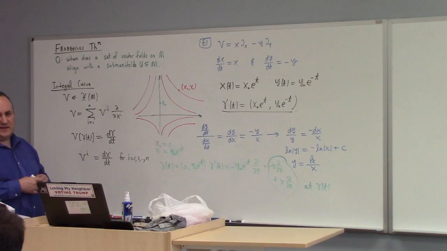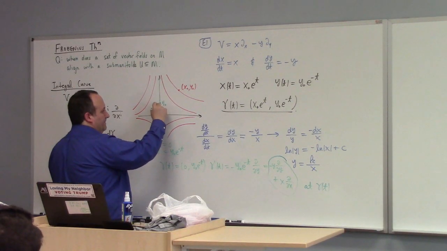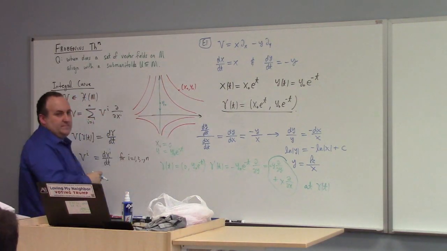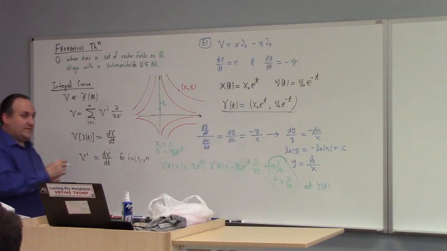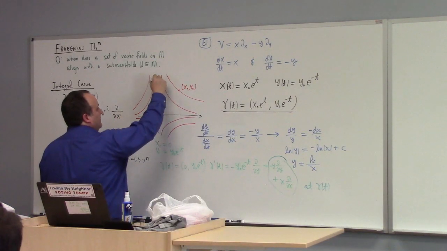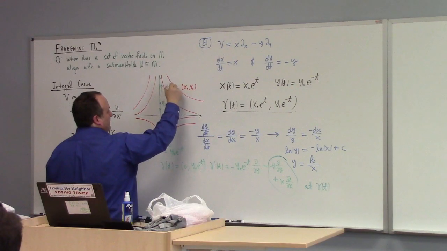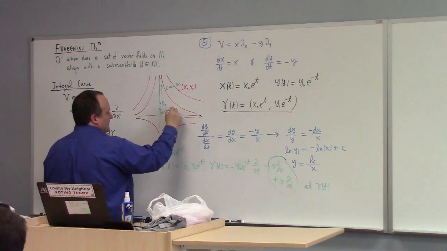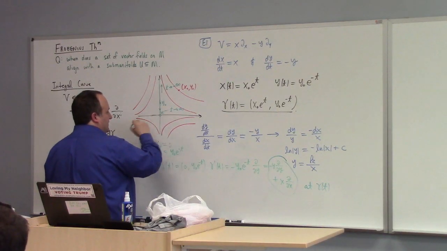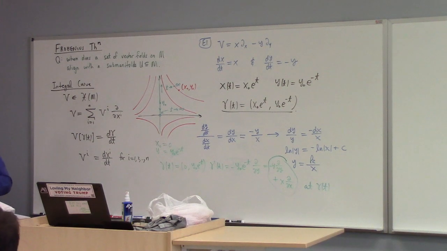As time goes to infinity, it goes like that, right? Well, if we run time negative, it goes up here. So this would be t going to minus infinity, and down here, t goes to infinity. Oh, you're right, it doesn't reach the origin, does it? Yeah. Approaches it.